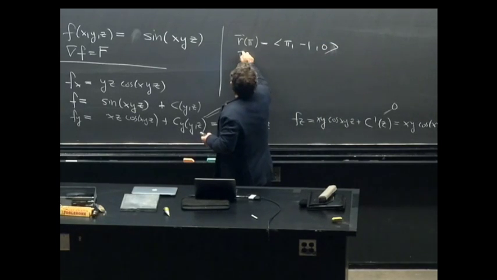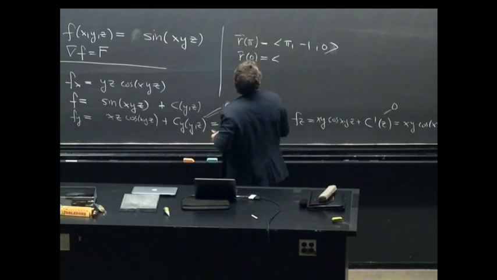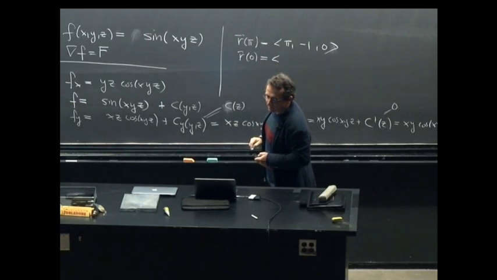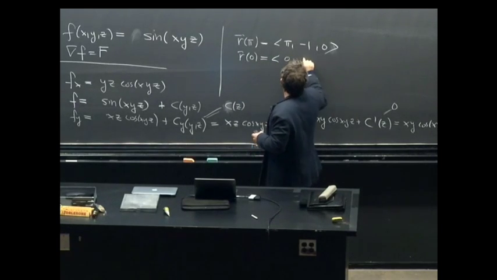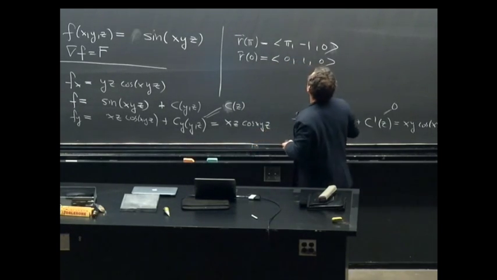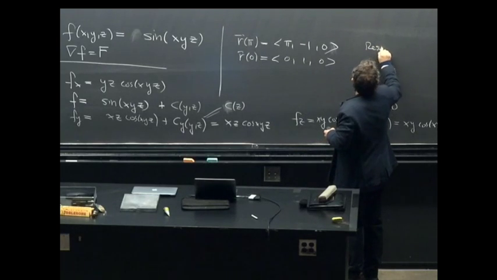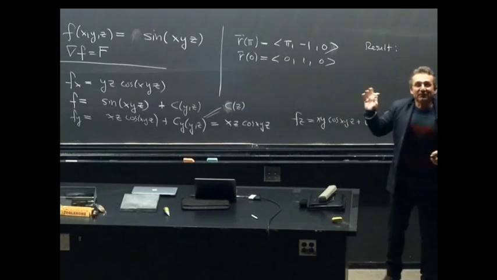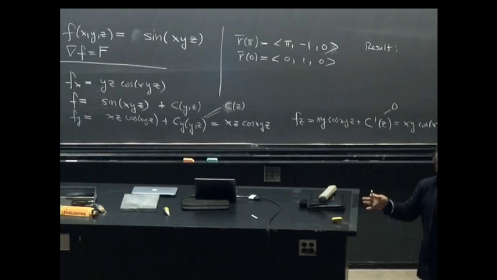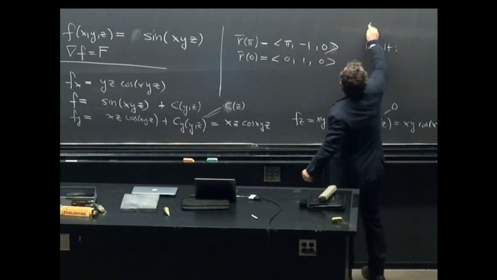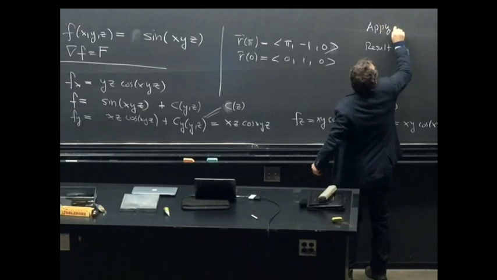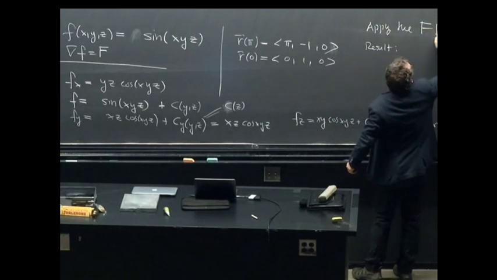And then r of 0, that's the initial point here. That's then (0, 1, 0). And so we have the result. Please, even if you see that it is the fundamental theorem of line integrals, please state that it's the fundamental theorem of line integrals. So apply the fundamental theorem of line integrals.